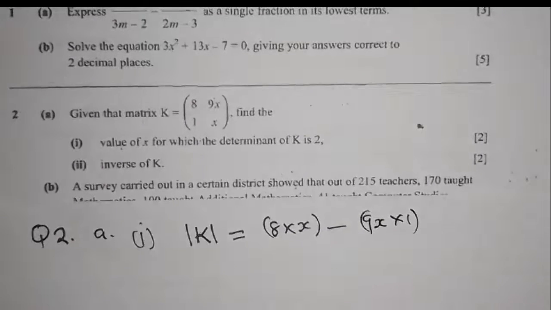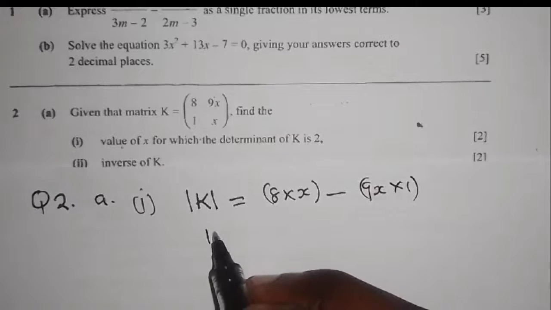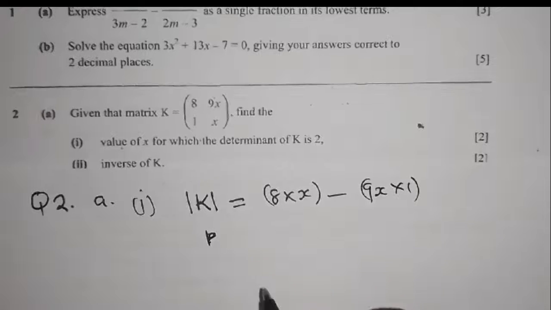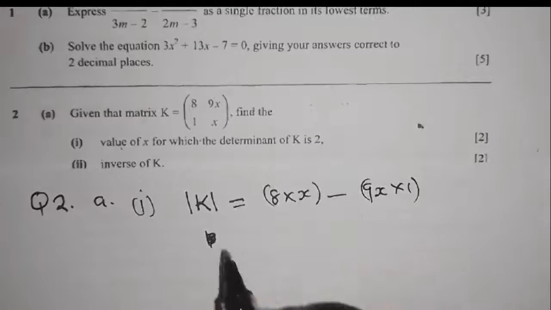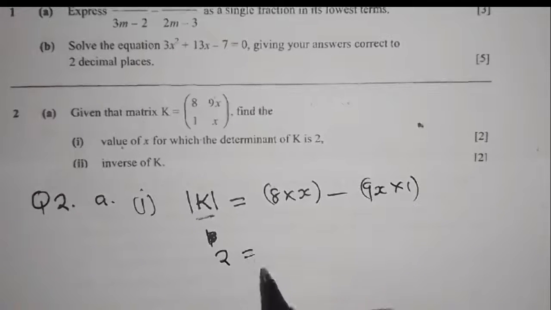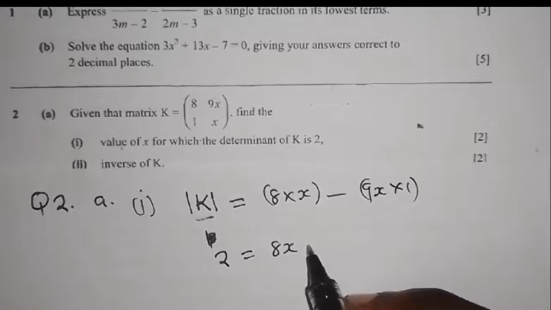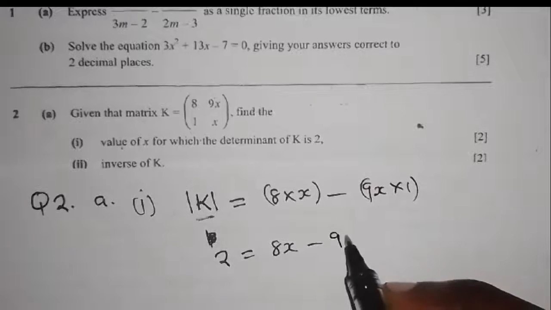So it's very simple. Now from there we know that the determinant is 2. So you just say 2 is equal to 8 times x, which is 8x, minus 9x times 1, just 9x.